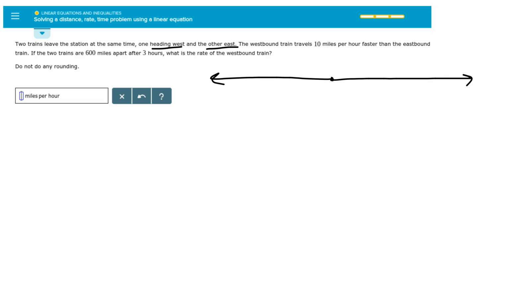Okay, the westbound train is traveling 10 miles per hour faster than the eastbound train. So if the rate of the eastbound train is x, then that means our westbound train is traveling x plus 10 miles per hour. Okay?